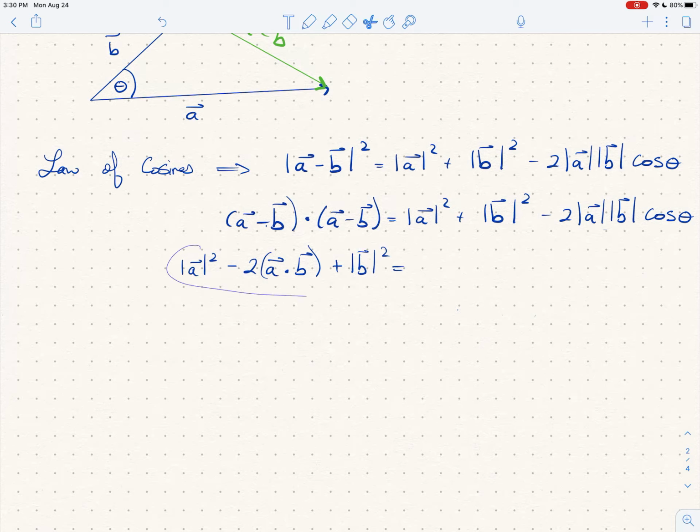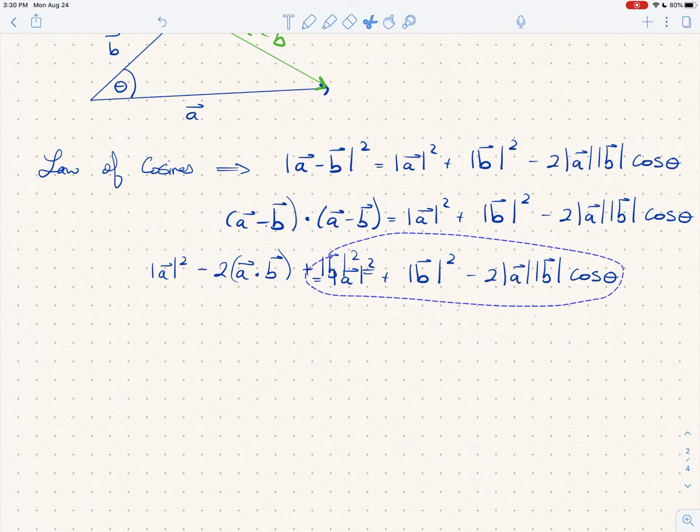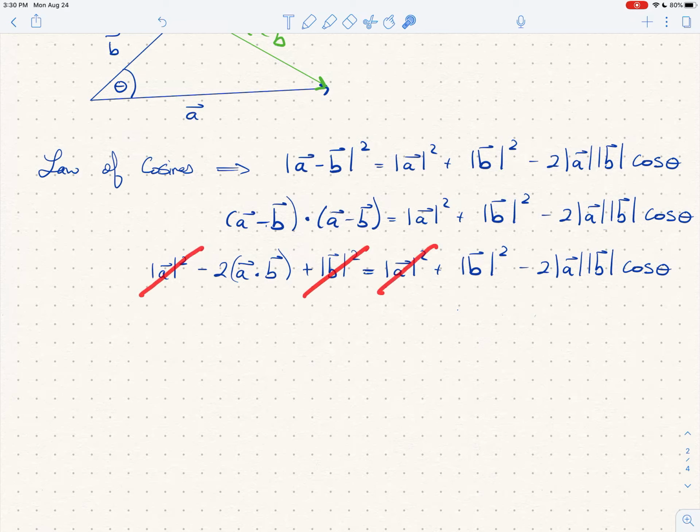We'd better slide this over so we have a little more room, and then we should be able to paste. We got the double equals. Okay, now you can see the magic here. This is really cool. These are going to cancel. The length A squareds and the length B squareds are going to cancel. And all of a sudden, things are becoming clear.